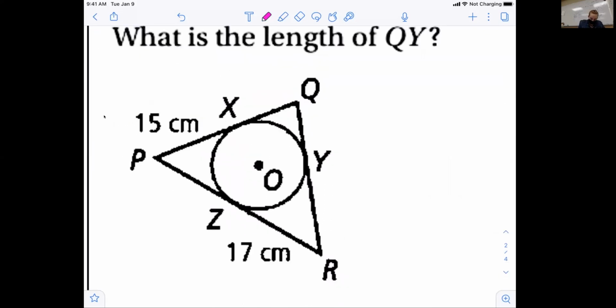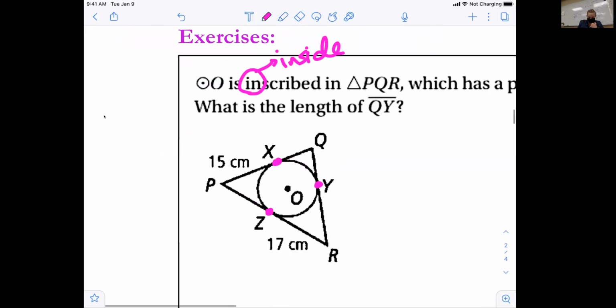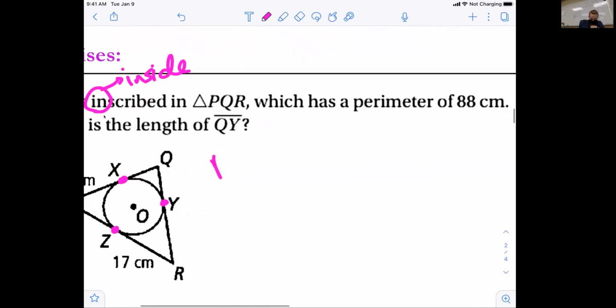So X and Y and Z are all points on the circle, but are also points on the triangle. The word we just learned for that is tangent. They're tangent to the circle. And that's important to us. And then it has a perimeter of 88. I'm going to write that over here just so I don't forget.